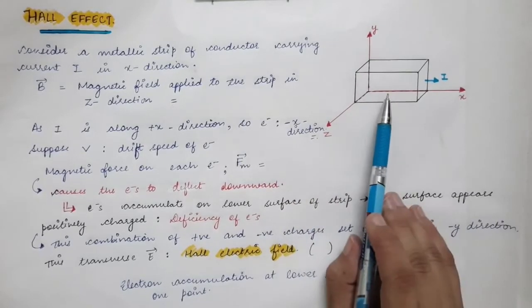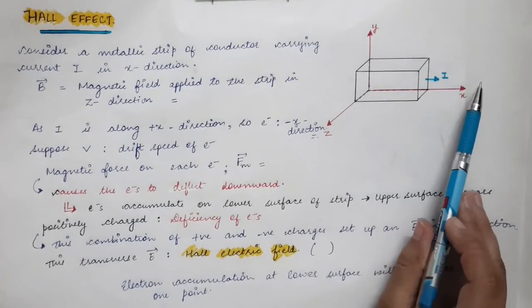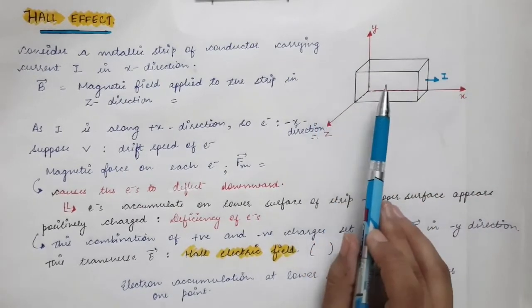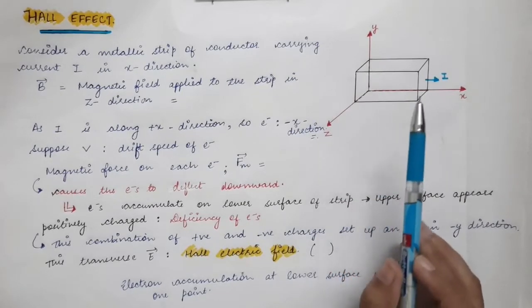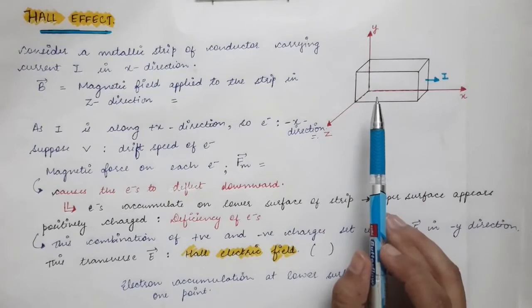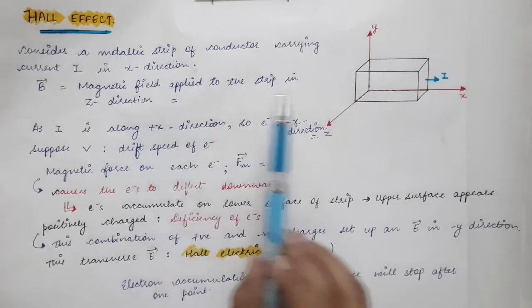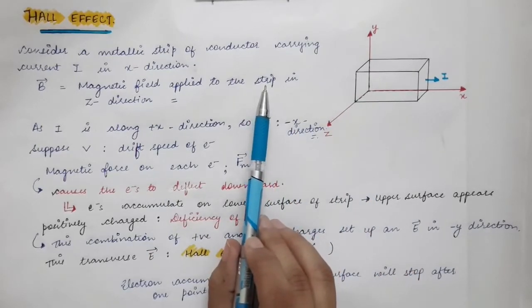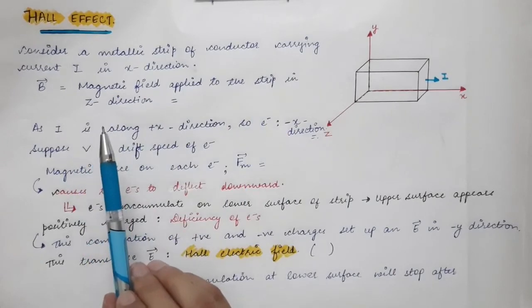So you have a conductor, and in this conductor current is flowing in this x-axis direction and electrons are flowing in the negative x-axis direction. Now what if we apply a magnetic field to this conductor? Let's suppose we apply an external magnetic field to this strip of the conductor, along the plus z-axis.